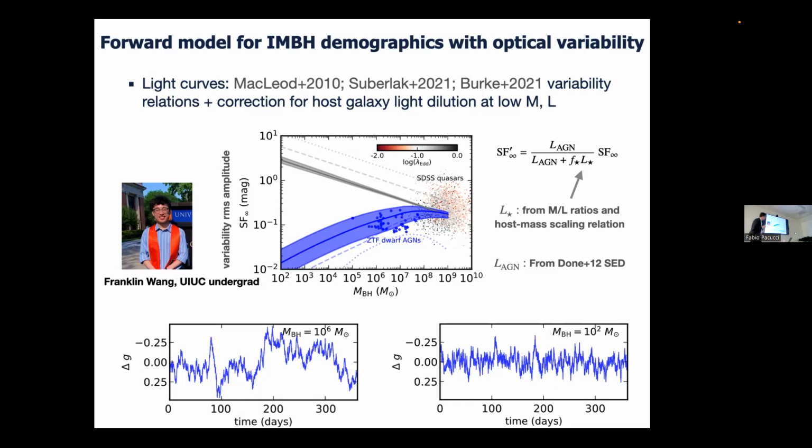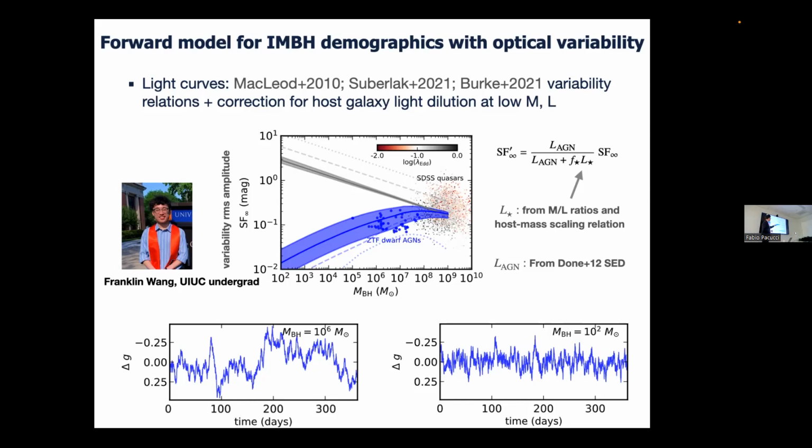But Franklin Wong, who's an undergrad I was working with at Illinois, who's now a grad student at Texas A&M University, has been looking at ZTF light curves of known dwarf AGNs. These are optically selected AGNs from Amy Ryan's work, looking at broad emission lines in the spectrum and emission line ratios consistent with AGNs in dwarf galaxies.